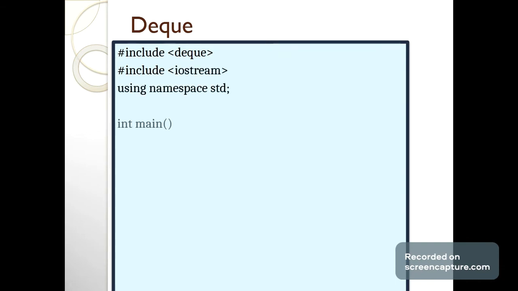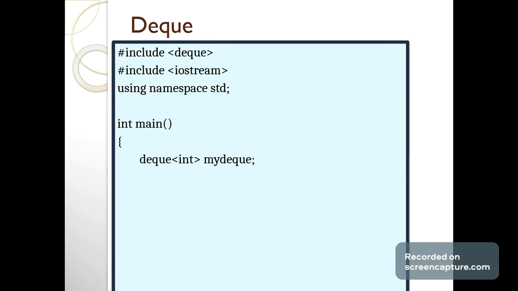For writing a program of deque, we have to include the header file deque, as we had included vector earlier. Inside main you create an object of deque by using the template deque, passing integer values.